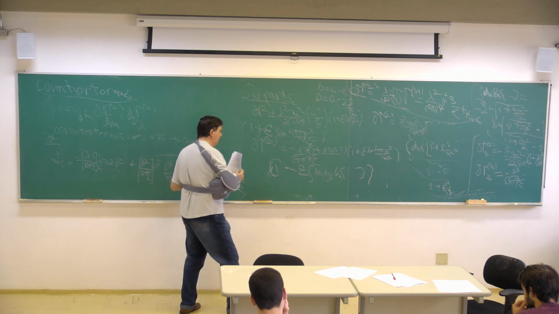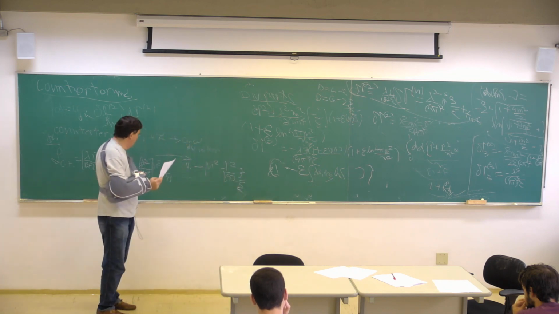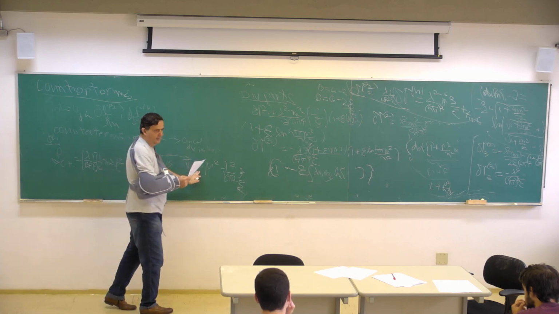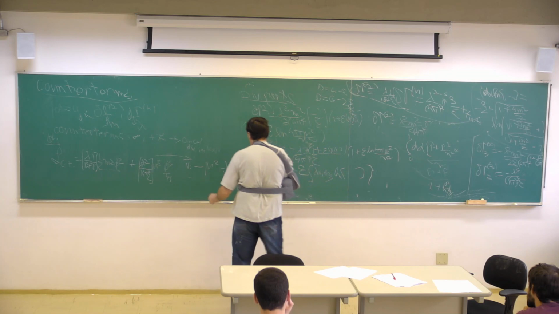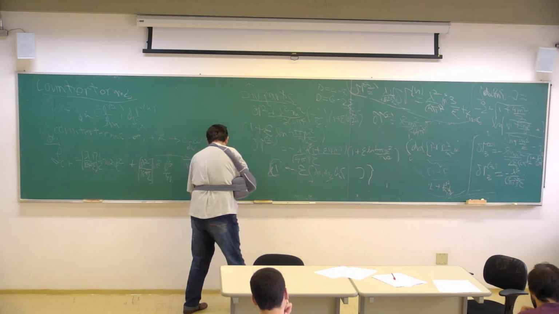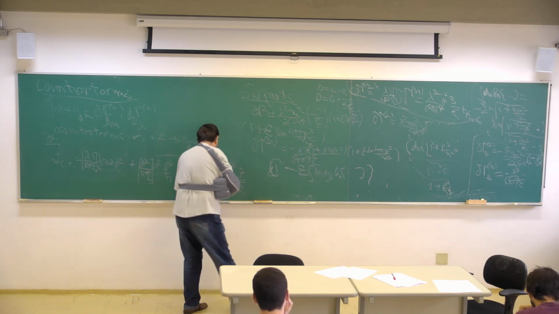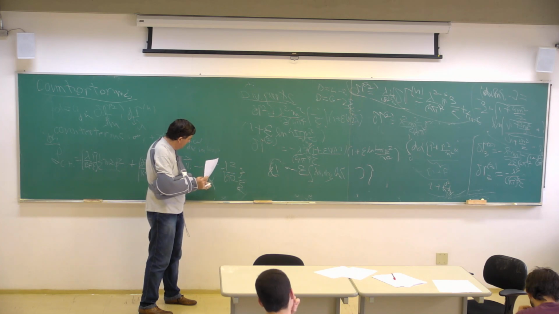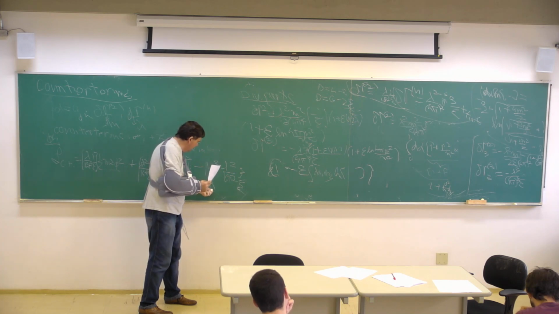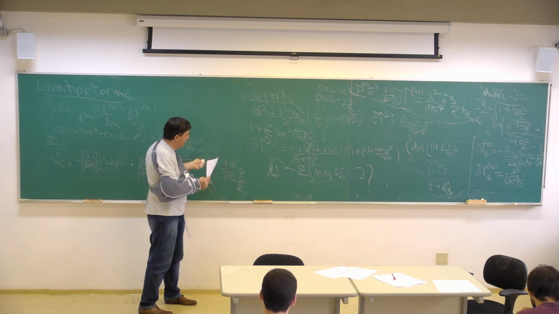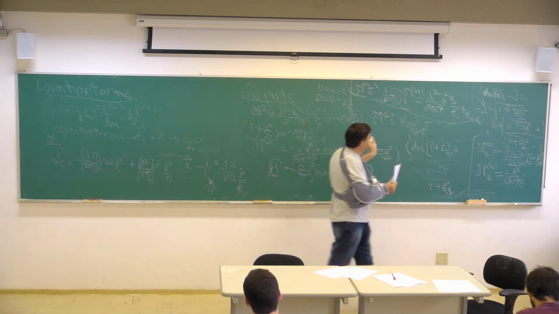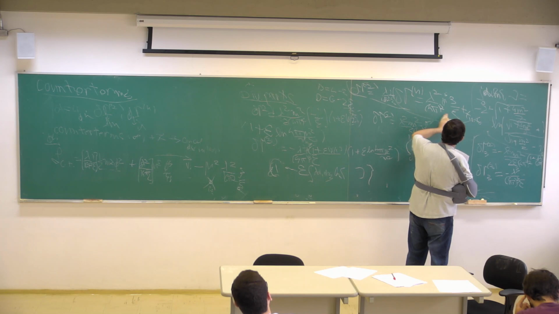So if you think of this as a new vertex to the theory that you just add, the Feynman diagram where this is the counter term, it's a vertex coming from this. This will just cancel this infinity.